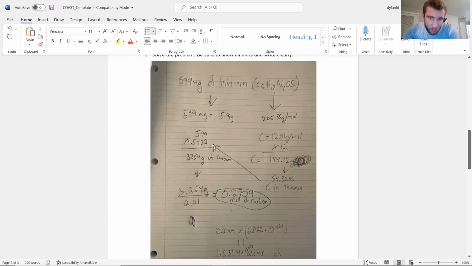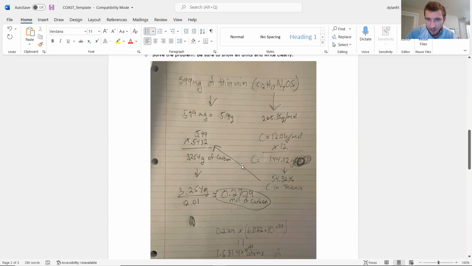Let's see. So here on the left side, on the second part of that, it looks like I am taking the percentage of what carbon is in thiamine. So to the right of that is where I did the math to see that carbon happens to be 144.12 grams per mole. I'm not sure if I scratched that out there on purpose, but what that breaks down to is 54.32% of the total weight in thiamine.